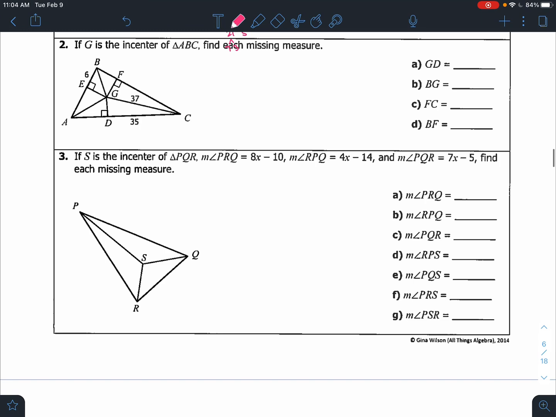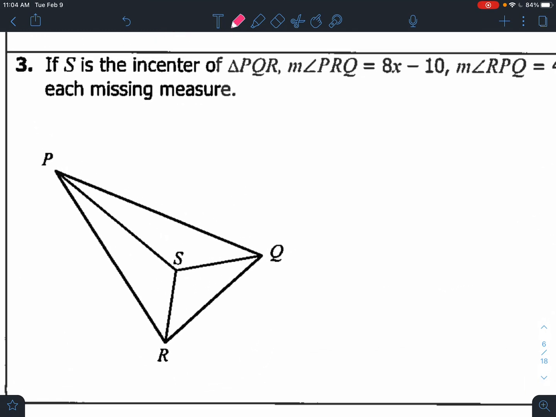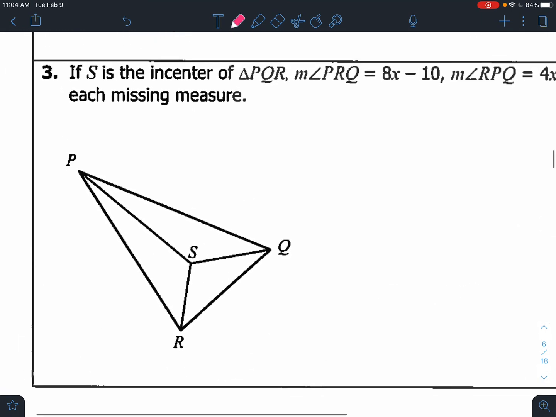So let's look down at number 3 because this one's dealing with the angles. Remember that if our in-center is point S, then all of these angles are being bisected. So the measure of PRQ, that's this entire angle here, is 8x minus 10.